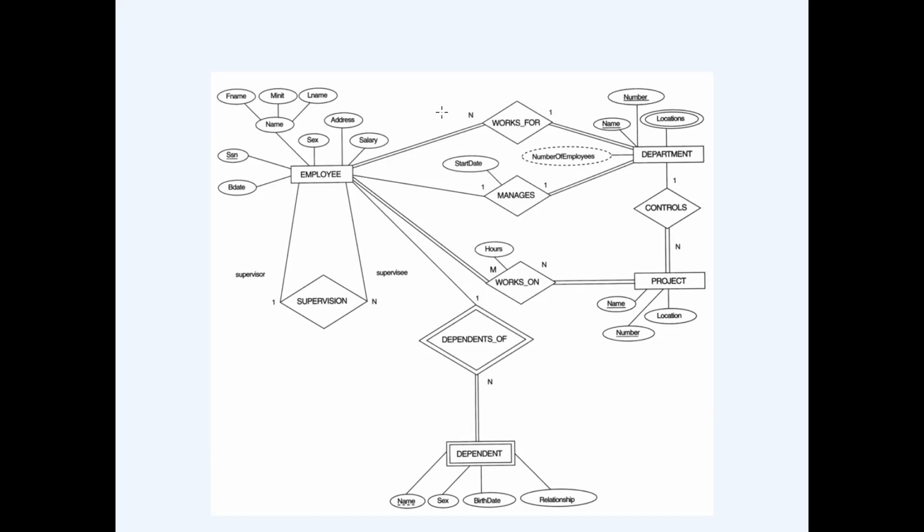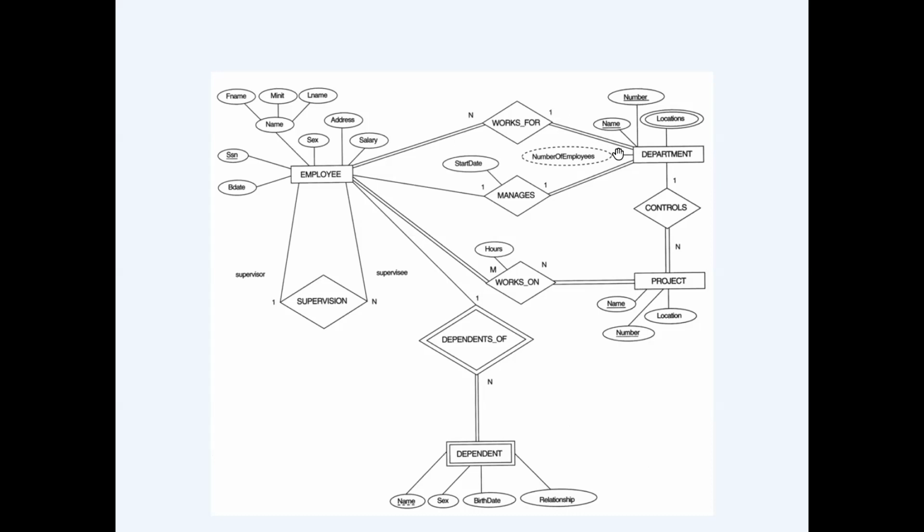This is called cardinality, which means we are going to identify the maximum participation. Let me explain. Now, according to the description, we can say employees work for a department, right? So take one employee. An employee can work only for one department. Remember, max is one. We are actually focusing on the maximum. So therefore, we put one here. This one indicates that an employee works for one department.